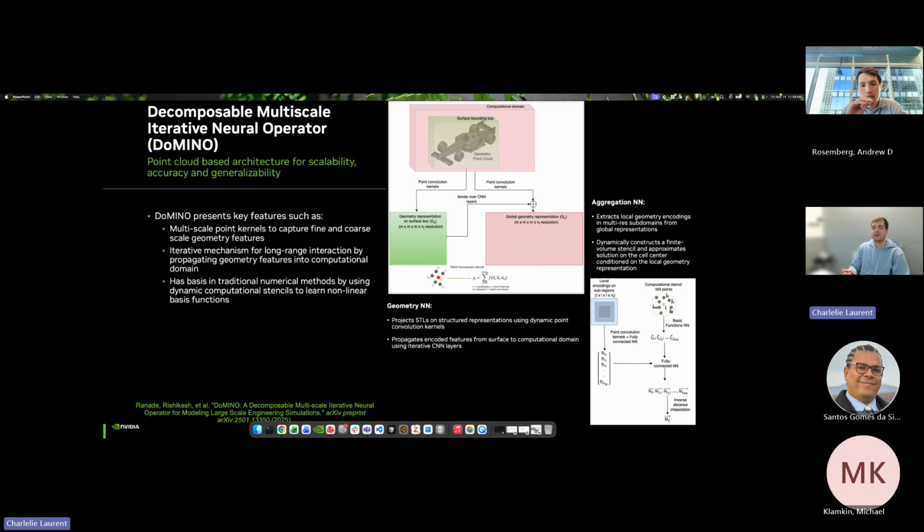You can see it as a geometry module that processes this very complex geometry and encodes it, and then this is handled by a neural operator. To get more details, I think you should check the paper that is there.